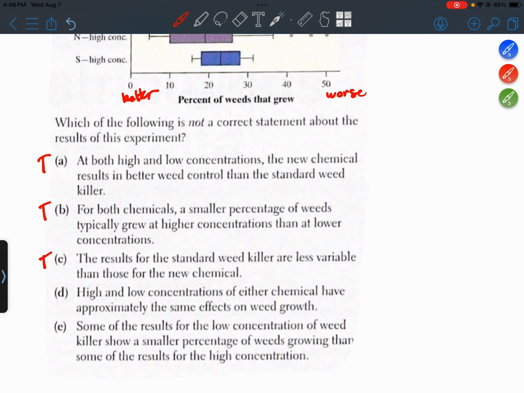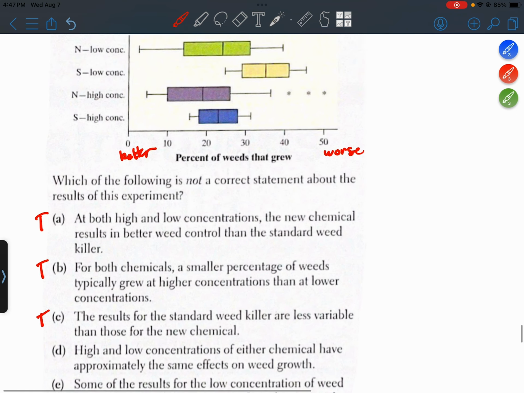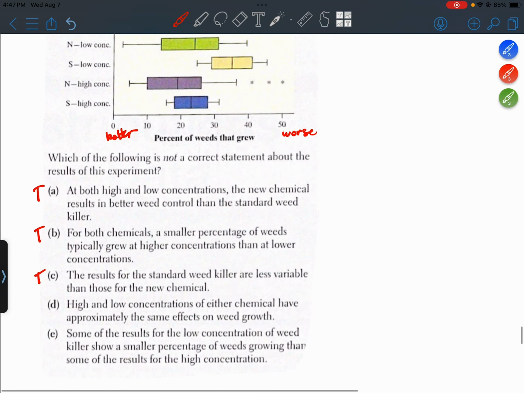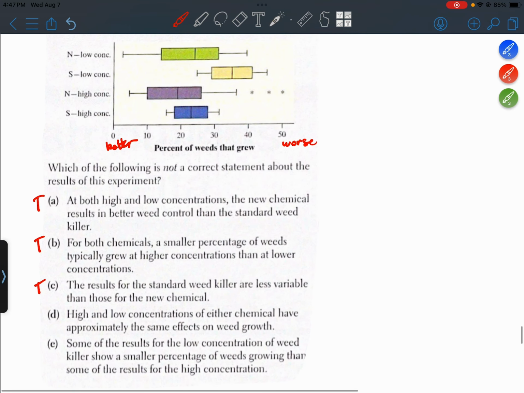Statement D. High and low concentrations of either chemical have approximately the same effects on weed growth. High and low concentrations have the same effect. Okay, let's see if that's true for the new chemical. So high concentration versus low concentration.